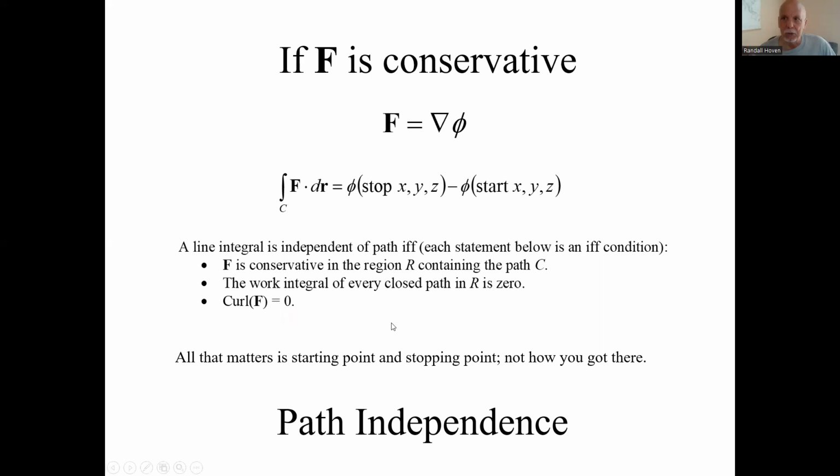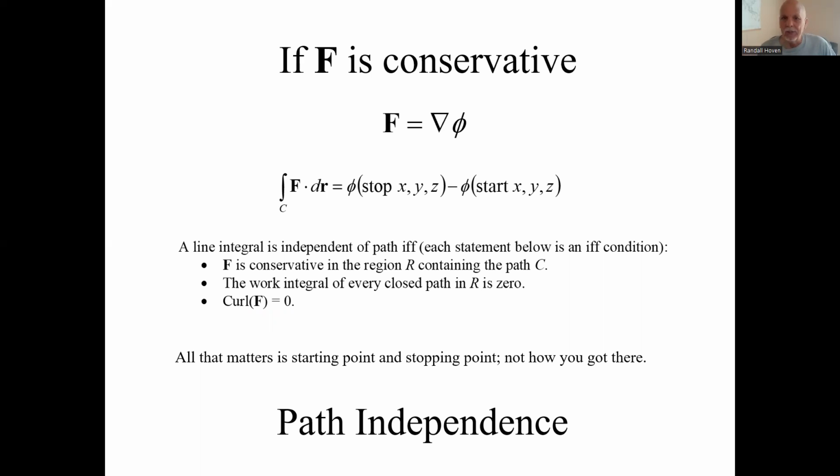It is certainly true that if f is conservative, then the curl of it is 0. The converse is not always true in every case. You can find exceptions to it, meaning that the curl of f equals 0 does not necessarily in all cases mean that f is conservative.